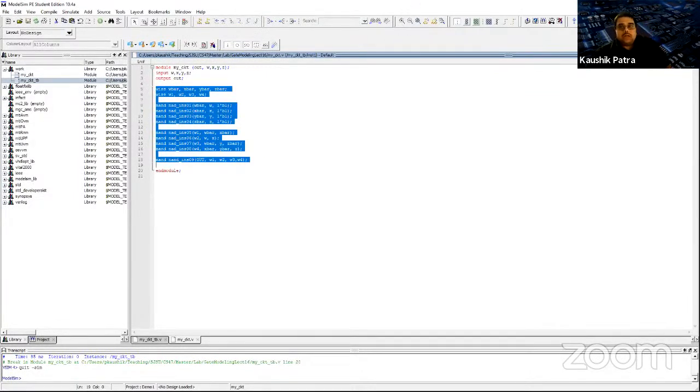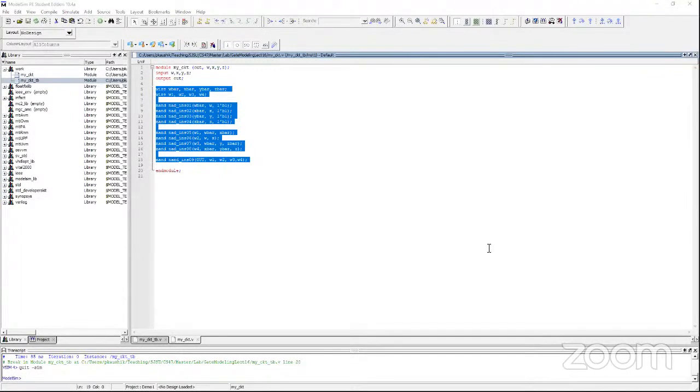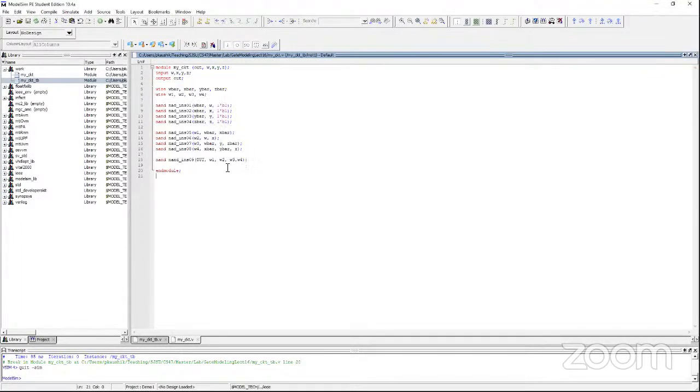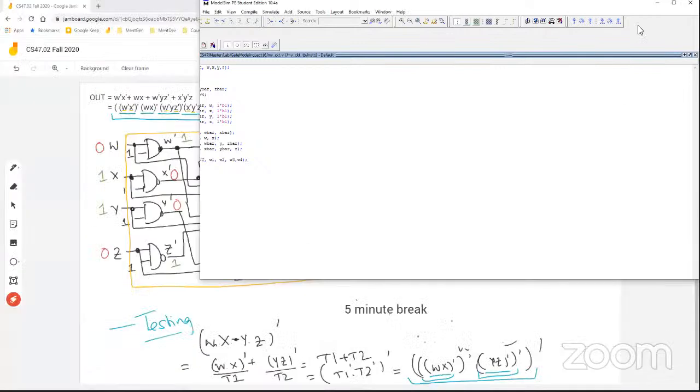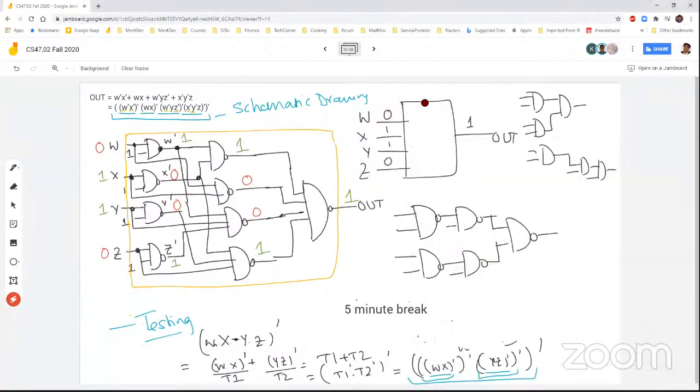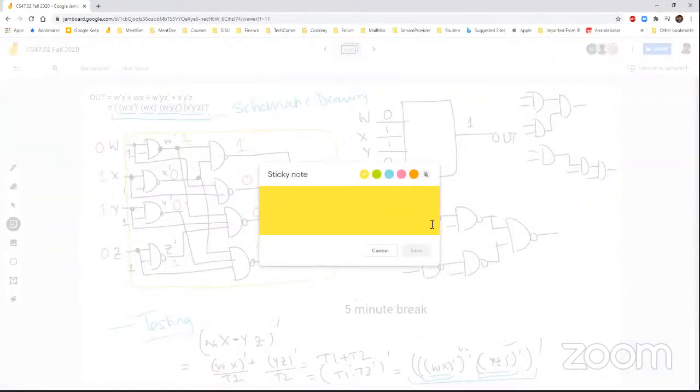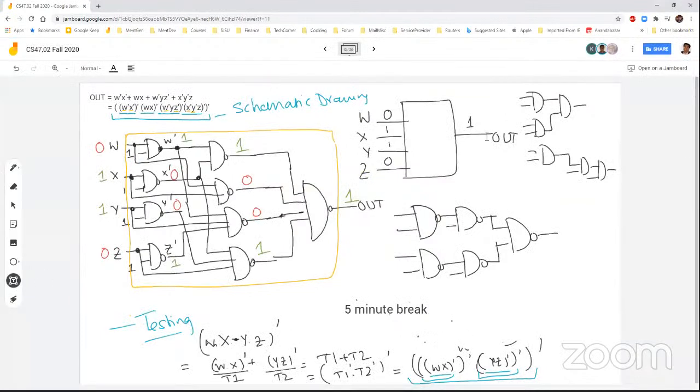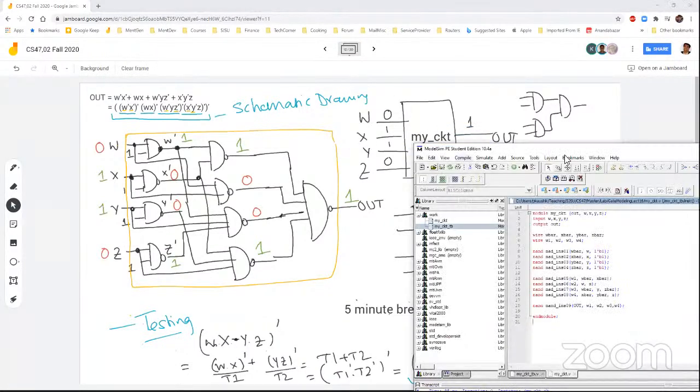Okay. So now what we can do here, we can actually drive this circuit, like in the example I was doing, driving this circuit. This is my MyCKT, and I need to drive this from the outside.